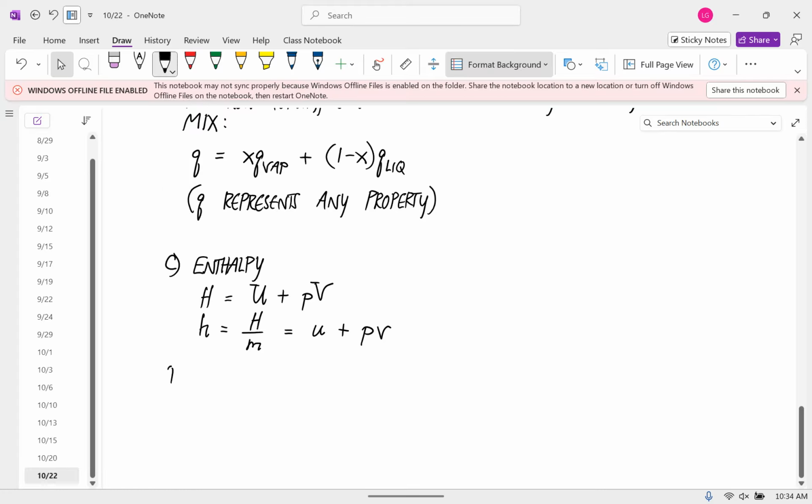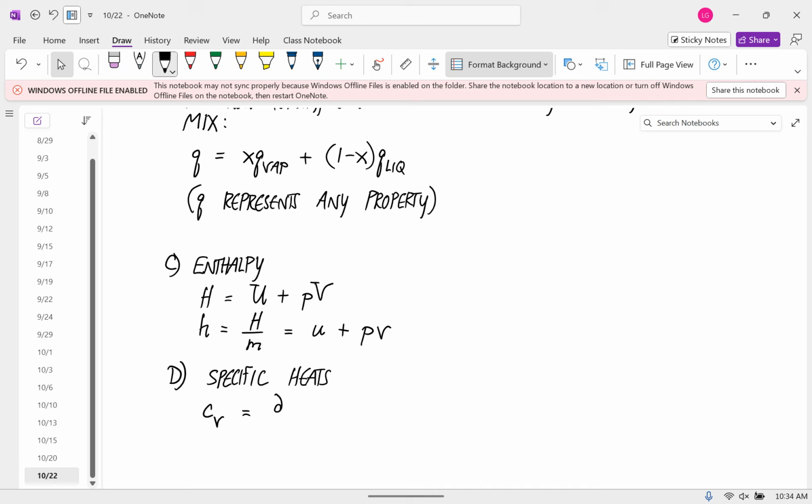Then we introduced the specific heats. The definitions, you don't have to remember these, but they're defined in terms of partial derivatives.